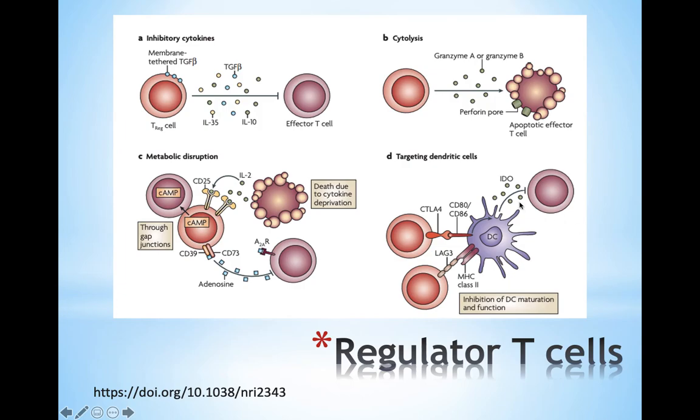And then we also have regulatory T cells capable of targeting dendritic cells. So when your regulatory T cells actively target dendritic cells, they can inhibit maturation of effector cells for the T helper group. So you see how the function of regulatory T cells is more upstream.